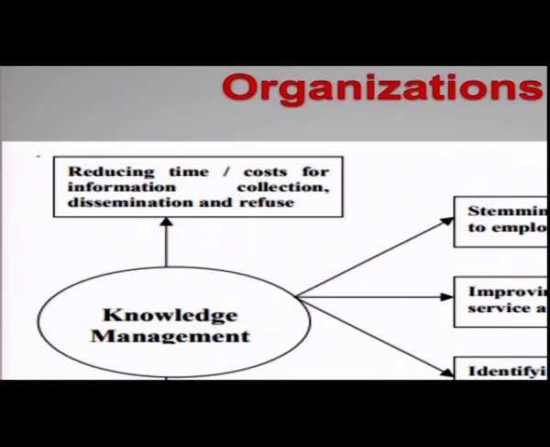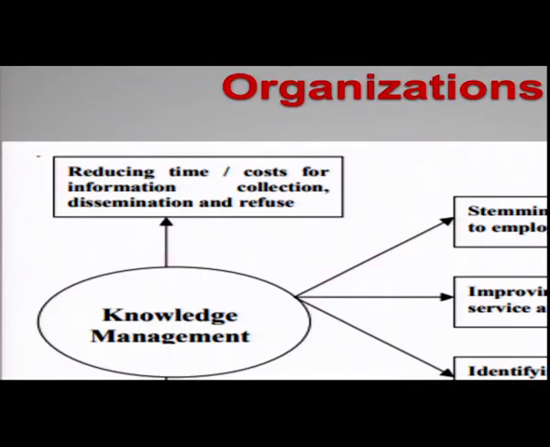Then the next one is how knowledge is managed in organizations. As far as knowledge management is concerned, you have a reduced time. Why? It is because agile development is meant for smaller teams, for faster delivery, and when there is a requirement creep, we go into agile development.